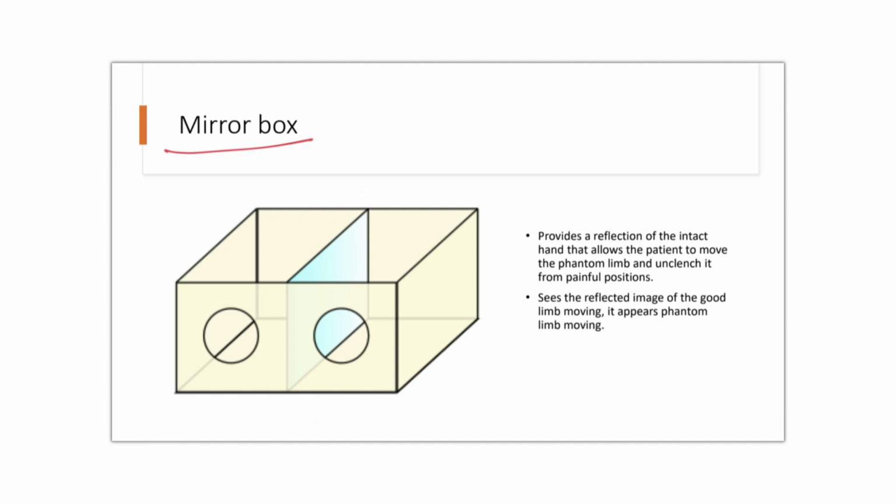Okay, mirror box. This is a mirror, and there are two sides to it. On this side, normal hand, normal arm.